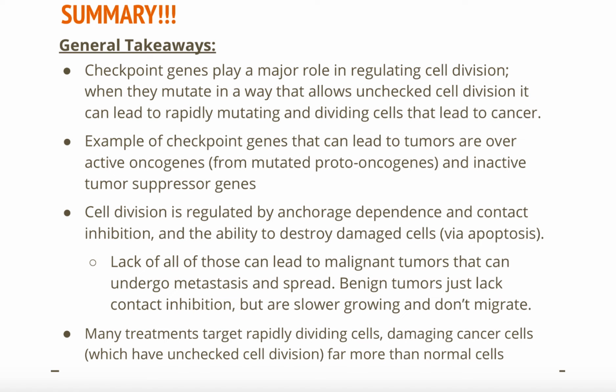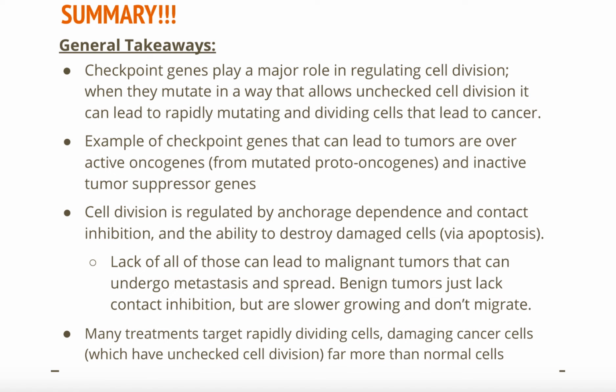When these things happen, that leads to the lack of anchorage dependence, which means your cells can grow anywhere, and the lack of contact inhibition, which means your cells will continue to grow even when there's not enough space and it's inappropriate. We take advantage of the fact that cancer cells divide far more than regular cells by using treatments that specifically target cells that are in the active stages of dividing.